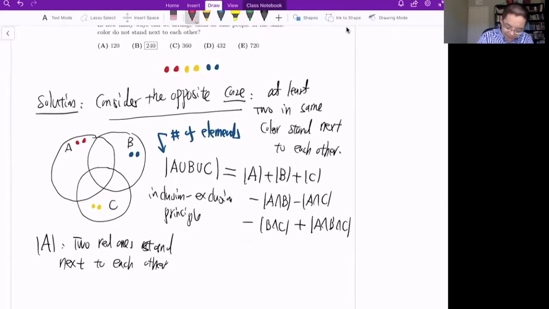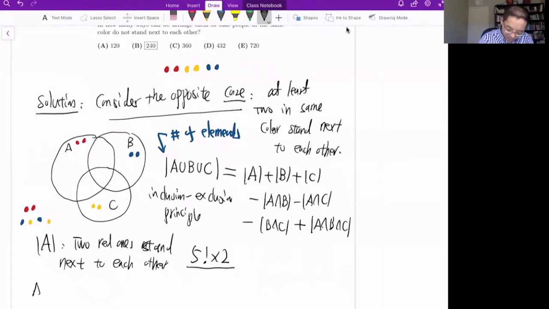Well, since 2 red ones, and then we have blue and yellow. Now 2 red ones, they stand next to each other. We consider that as 1 person, right? So that means you have 5 persons. So it's 5 factorial. But 2 red ones, you can also switch their position. So 5 factorial times 2. So this is the number in A, all right?